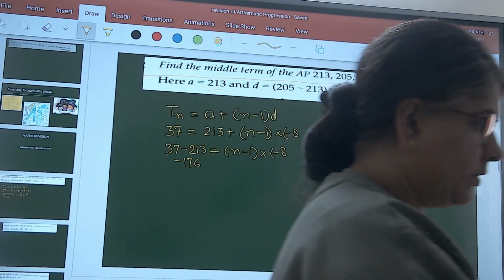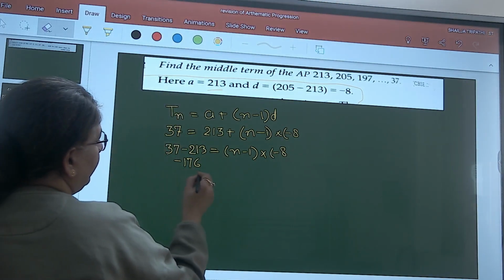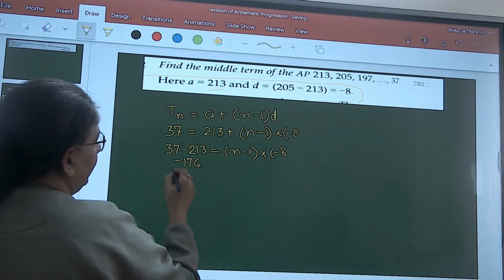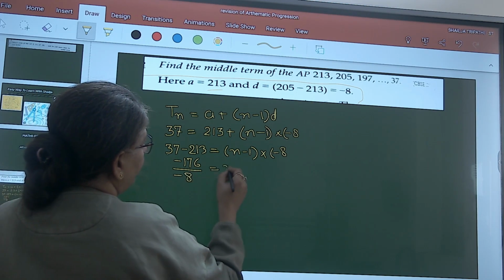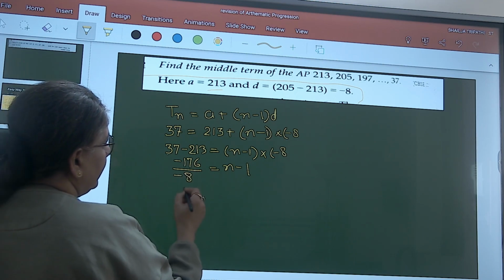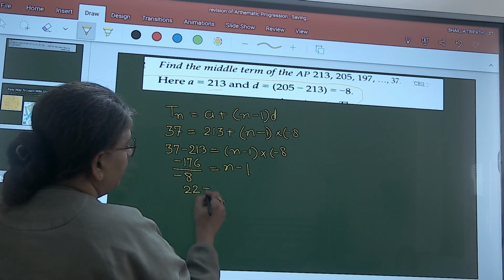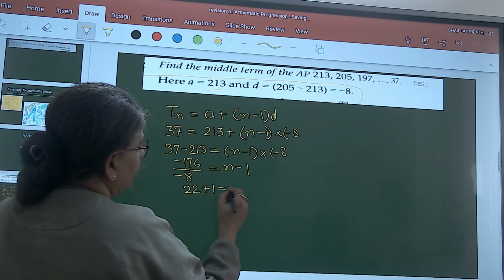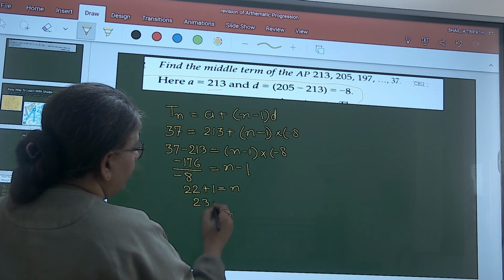See, minus 176 divided by minus 8 is equal to n minus 1. So minus will cancel out and you will get n equal to 22 plus 1. That is, the total number of terms in the series is 23.